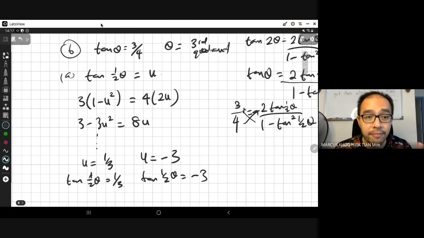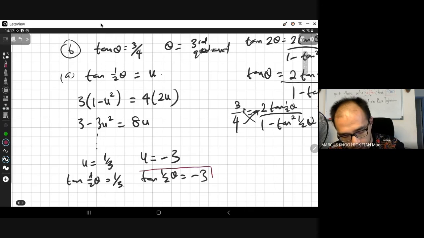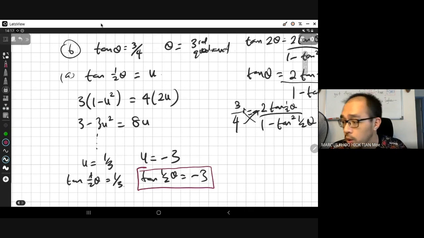But only this answer is acceptable. Why? Because theta is in the third quadrant, so theta is 180 to 270.